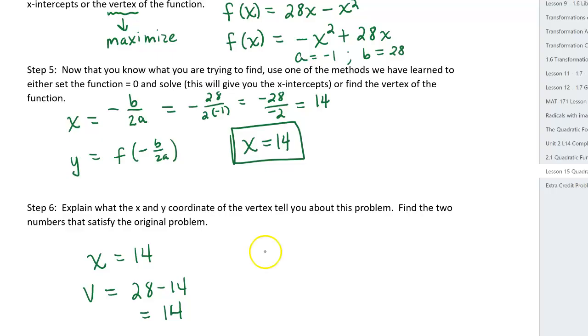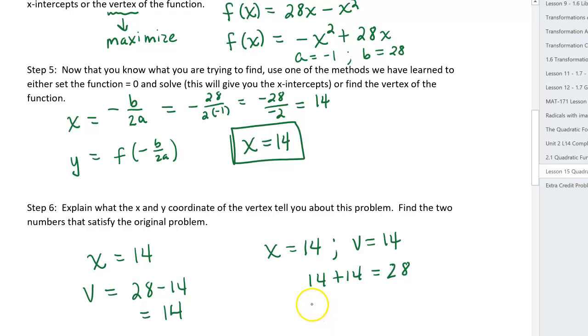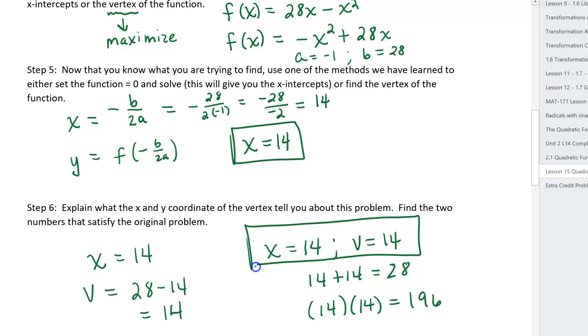And so my two numbers are x is 14 and v is equal to 14. And when we add those numbers together, we do get 28. And when we multiply those two numbers, we get the maximum product, which is 196. But the answer to our problem is v and x are 14.